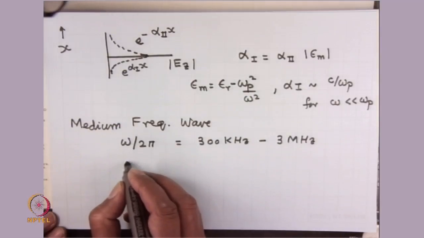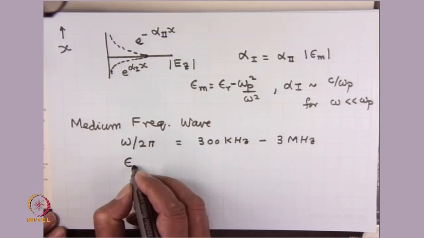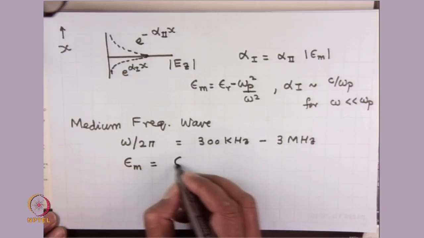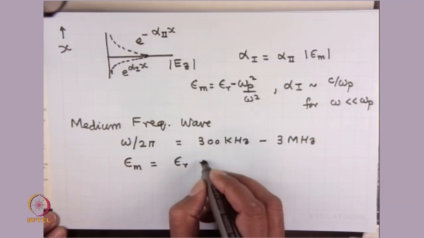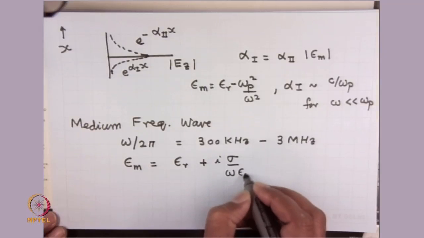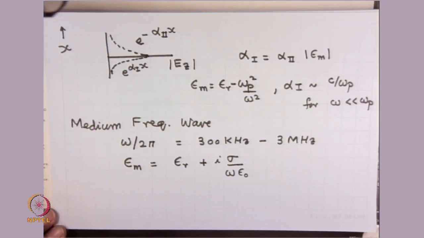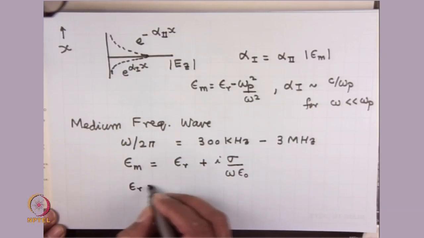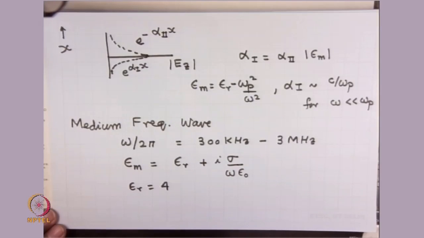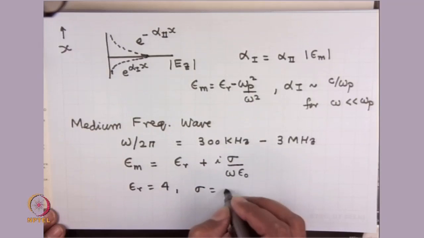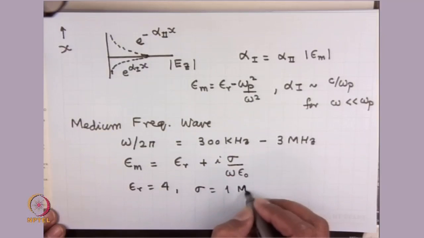Typically, the permittivity epsilon m for the earth at these frequencies is epsilon r plus I sigma upon omega epsilon 0. You may recognize that epsilon r is like 4 for the soil, and conductivity sigma is like 1 in MKS units.